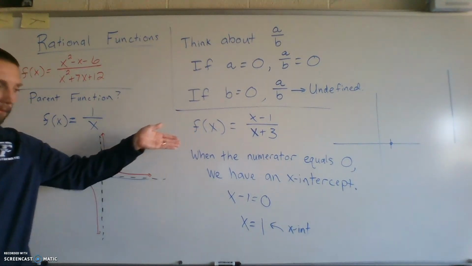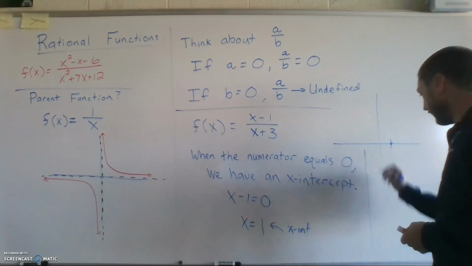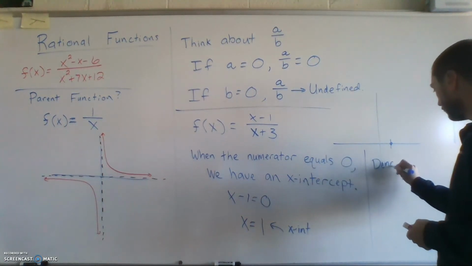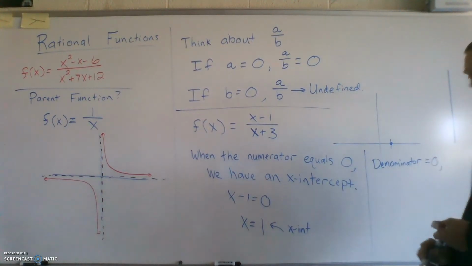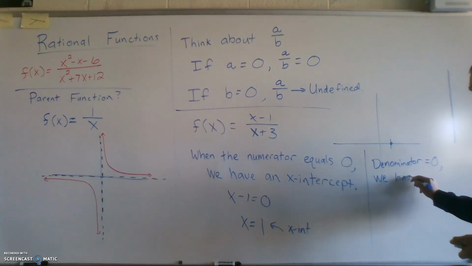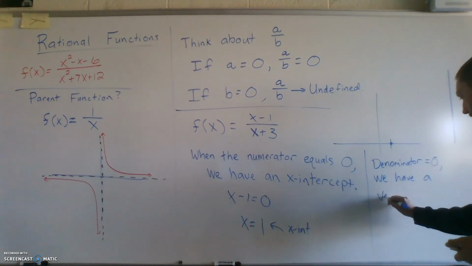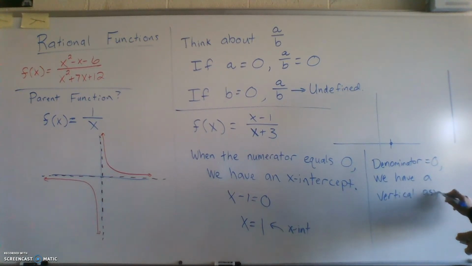So what do you think that's going to translate to in this problem? Well, when the denominator equals 0, we are going to have a vertical asymptote.